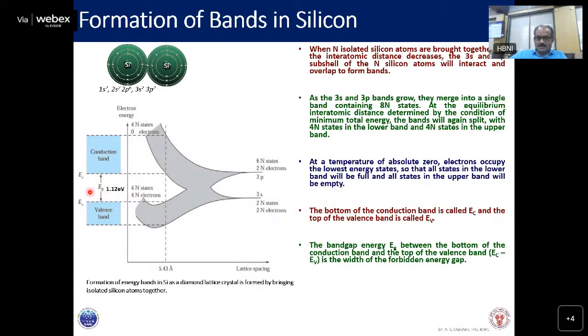Now, just to inform you, it is not possible to have any electron presence with this energy. So the energy can only be either in this range, or in this range.